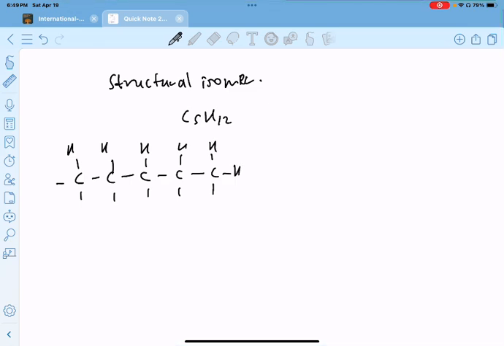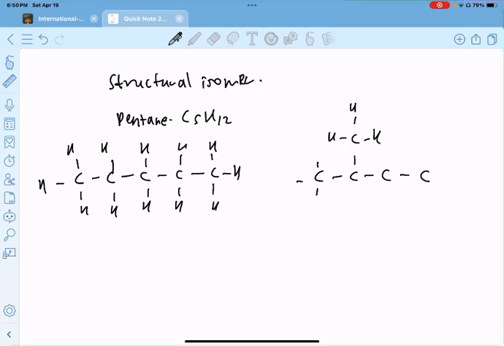Now, this is one of the isomers of C5H12. This is pentane. Now, another isomer can be, let's just draw one out first, okay? Now, I'm just going to add lines, but every line represents that there's supposed to be a hydrogen on the end of every line, okay? But for time, we'll not draw it.